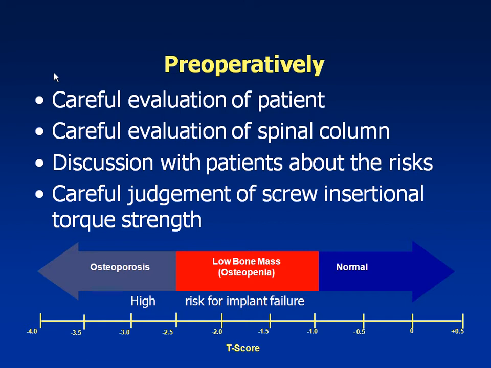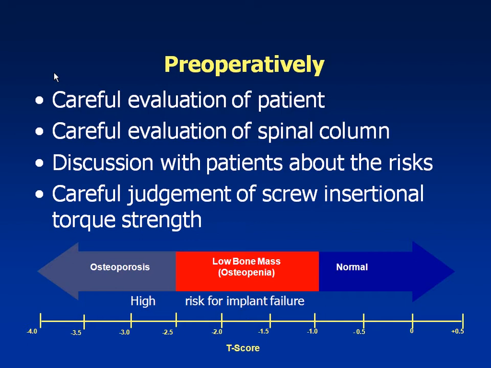Unfortunately, this is the only tool that we have in our hands. The risk for implant failure starts with osteopenic patients, described as patients who have a bone mineral density between -1 and -2.5 standard deviations. After -2.5 standard deviations, the risk gets higher and higher. And there are some tools suggesting that for patients who have over -3.5 standard deviations, surgery may be contraindicated.